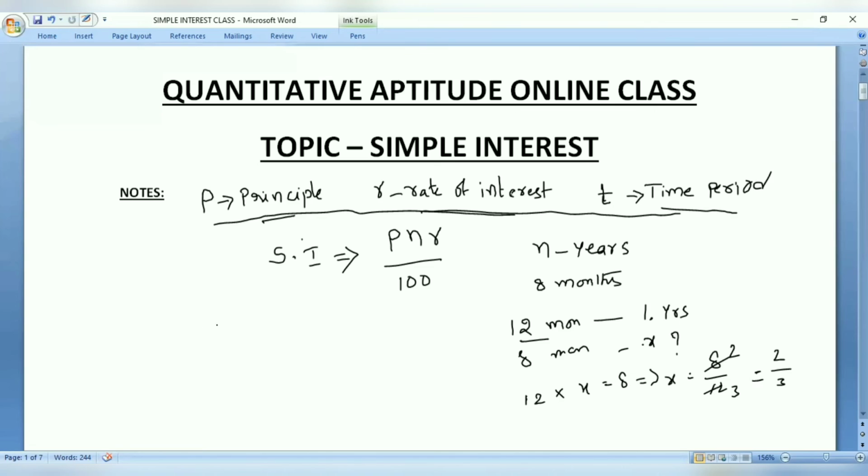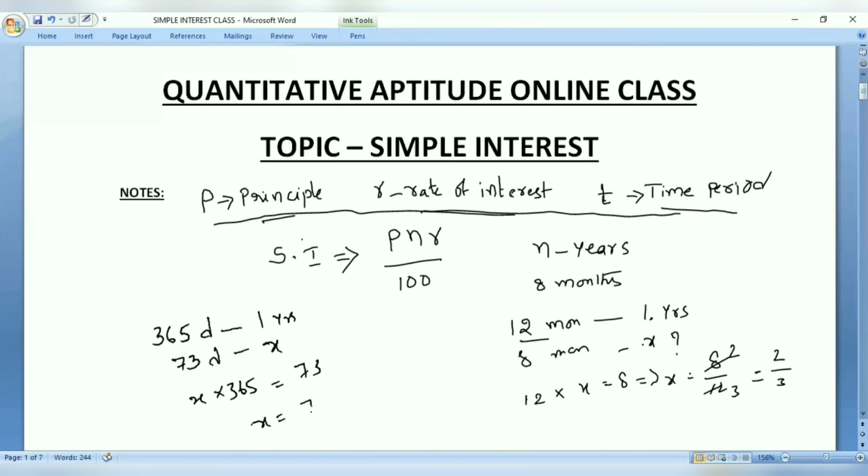12 months is equal to 1 year means 8 months, how many years? 2 by 3 years. For example, if you want to calculate days, simple logic again, 365 days constitute 1 year. For example, if you want to calculate 73 days, 73 days means how many years? Again, cross multiplication. X into 365 is equal to 73.